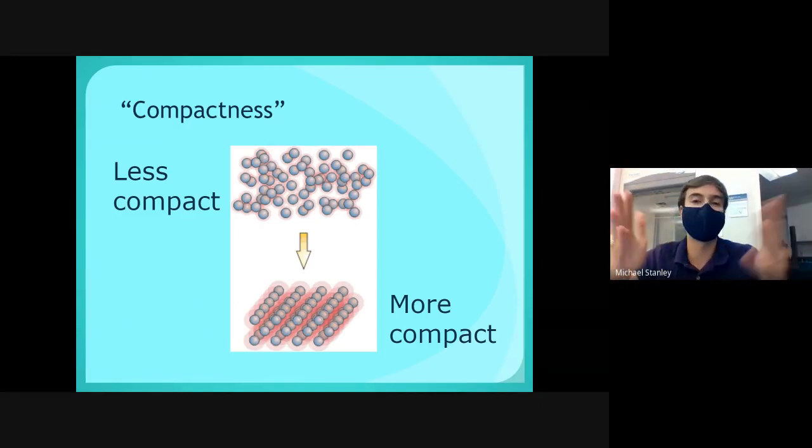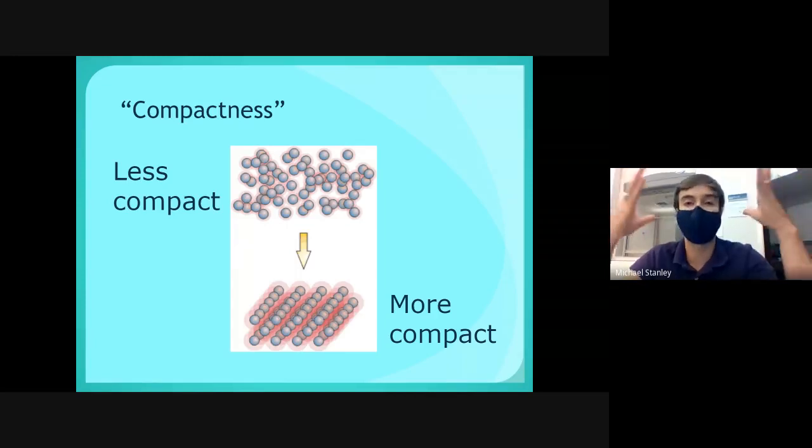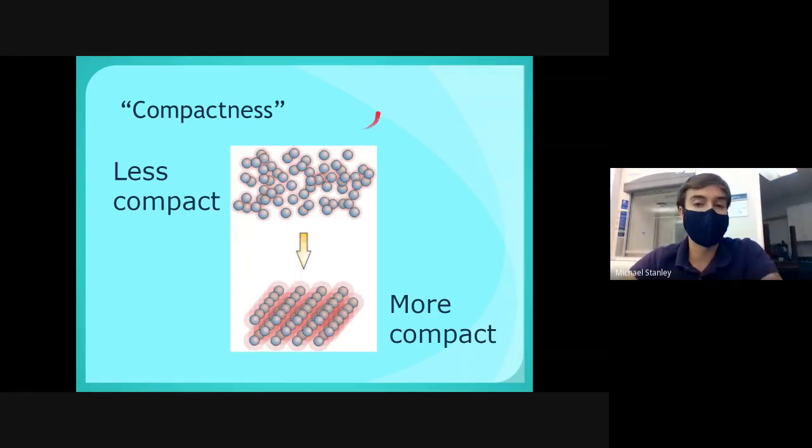Maybe there's some shelves in there, but that's it. Otherwise, it's just open space. So just because a fridge is really big and heavy doesn't necessarily mean that the fridge is dense. It has a lot of this less compact open space on the inside.